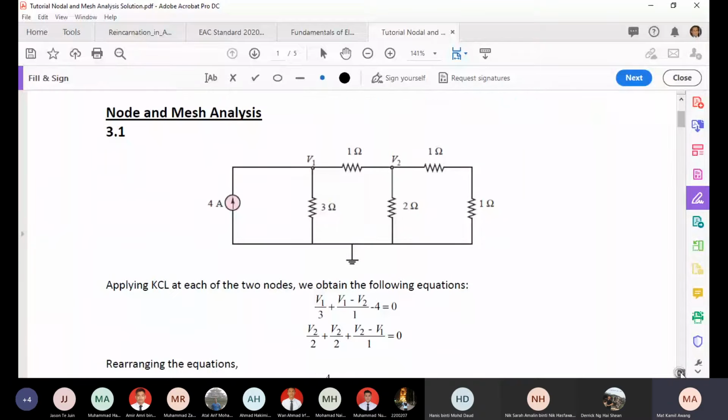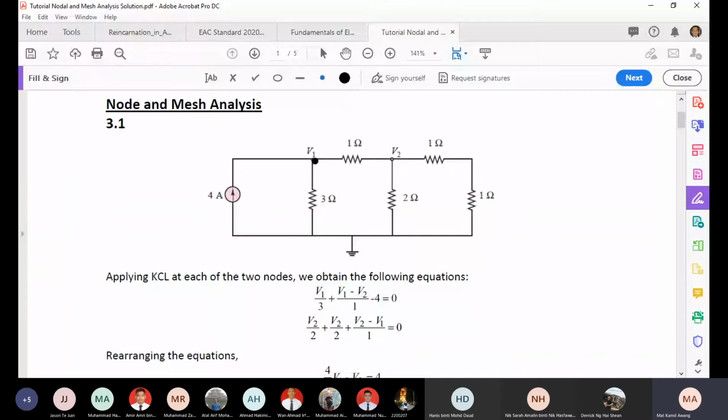For nodal analysis, you recognize that you have how many nodes? 1 node, 2 nodes, and 3 nodes, right? This node you set as the reference node.